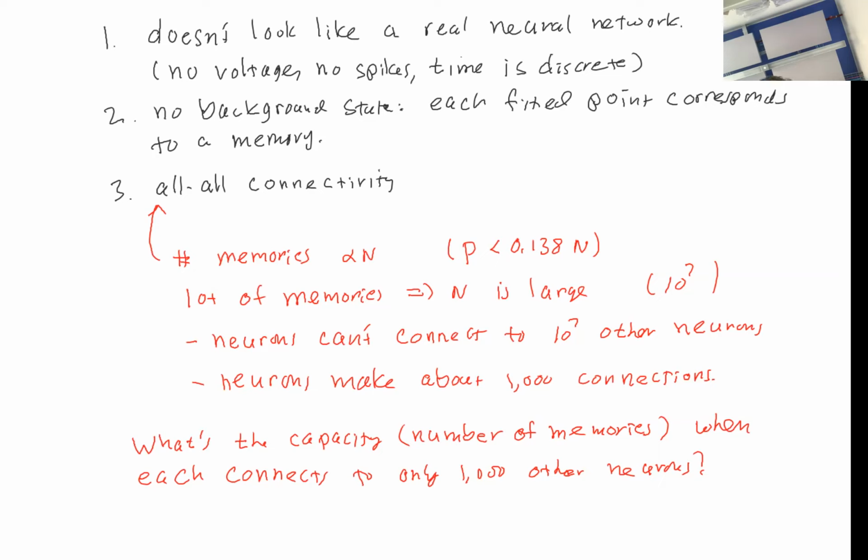Okay, so let's now consider the first way you might want to upgrade these models. Instead of using a sharp update, we're going to use something more realistic: dS_i/dt. We're going to get rid of the sign function, which is very sharp, and use some smoother function f of the sum on j of J_ij S_j, times 1 over n.